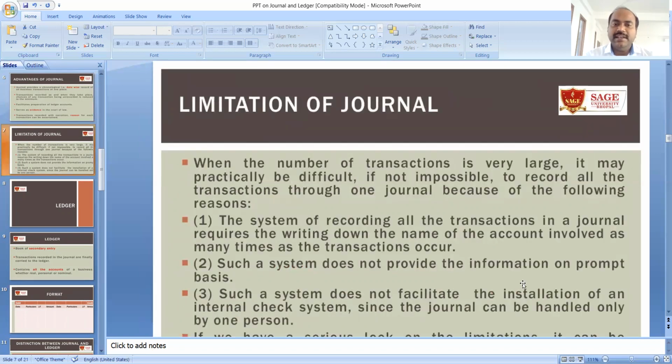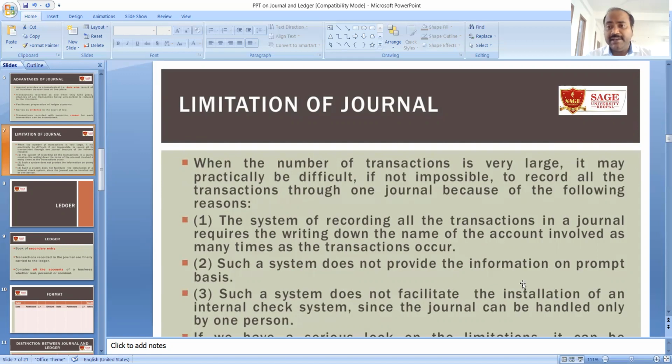That is, when the number of transactions is very large, it may particularly be difficult, if not impossible, to record all the transactions through one journal, because of the following reasons. It is difficult because recording all the transactions in a journal requires writing down the name of the account involved as many times as the transaction occurs.